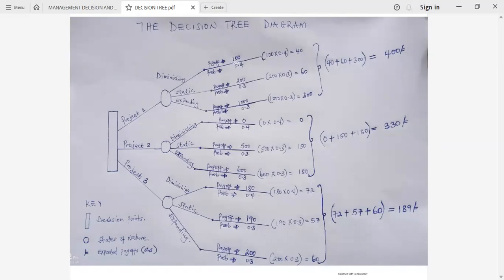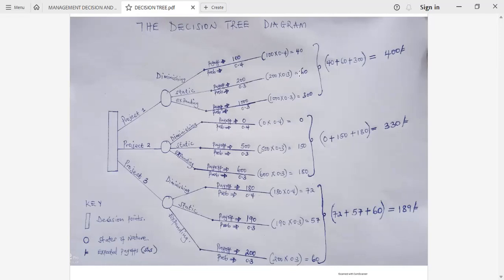So if you get the 0.4, the probability, you multiply, because if you get the payoff, you multiply by the probability, you are going to be getting the expected value for that diminishing state of nature.